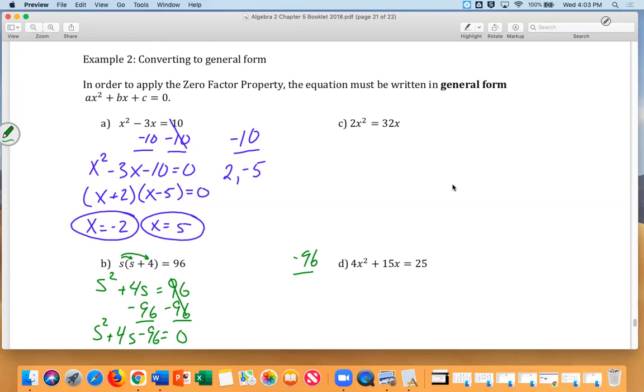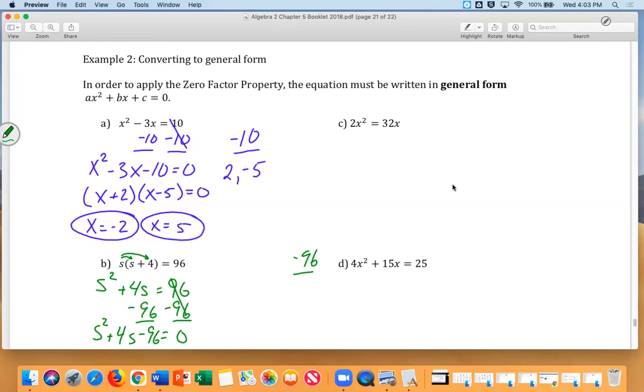It's not really helpful. So 96 divided by, I don't know, let's say 12. That's 8. I like 12 and 8, because 12 and 8 are 4 numbers apart.